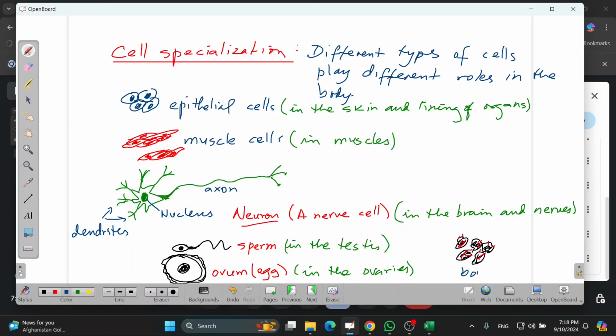We call them bone cells. This is just to mention some, guys. Cells that have a particular role to play in your body. They are specialized in doing that. And that is what we call cell specialization, guys. So cell specialization means that in the body we have different types of cells that play different roles.